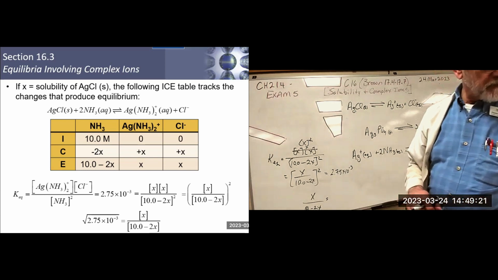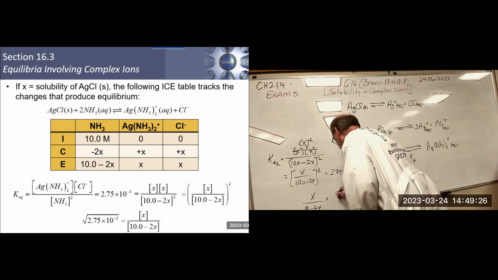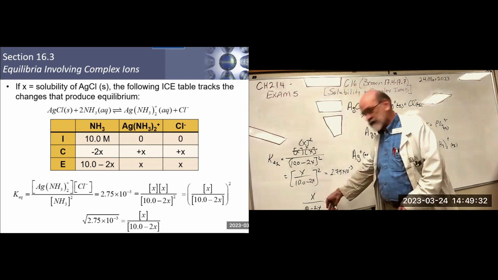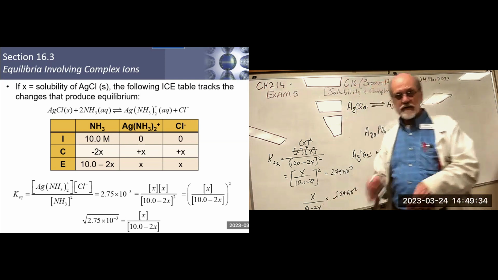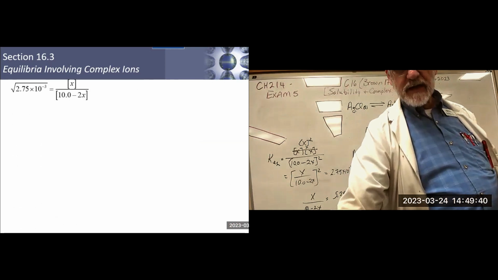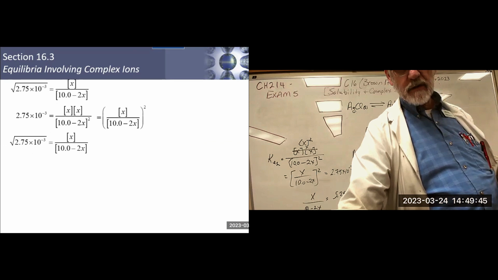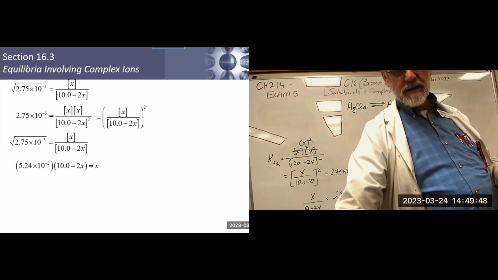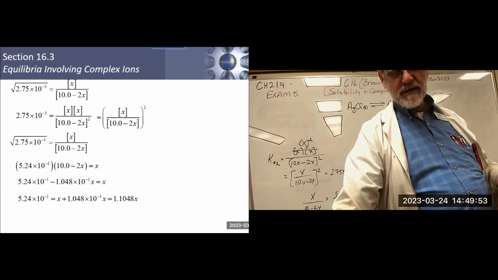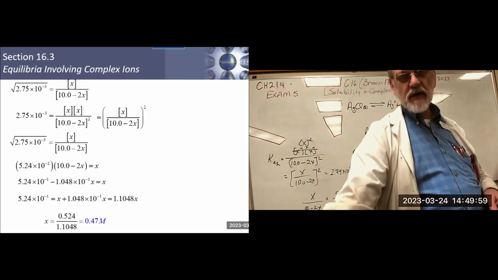So that's 5.24 times 10 to the minus 2. Now it's a simple matter of solving for x. We don't have to deal with any quadratics. We can solve for x. And then x is 0.47 molar.